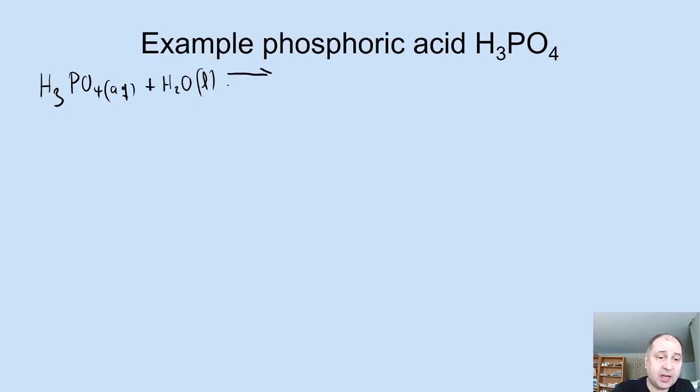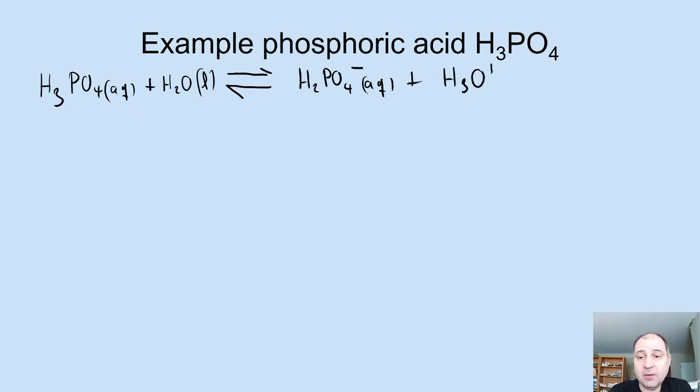So it does not become part of the equilibrium expression. But what it forms is H2PO4, which now has a negative charge. It's the conjugate base, as we know already. That's aqueous. And then the hydronium ion, which is the result of the reaction with the base.